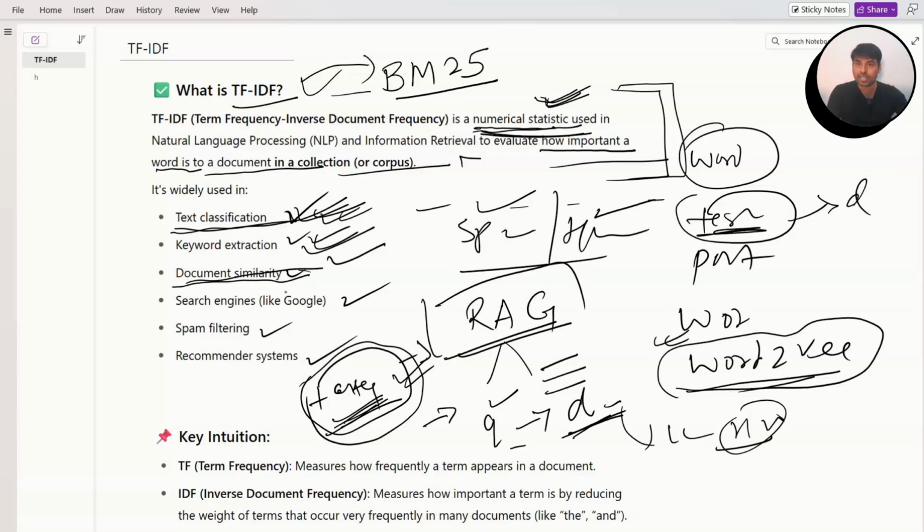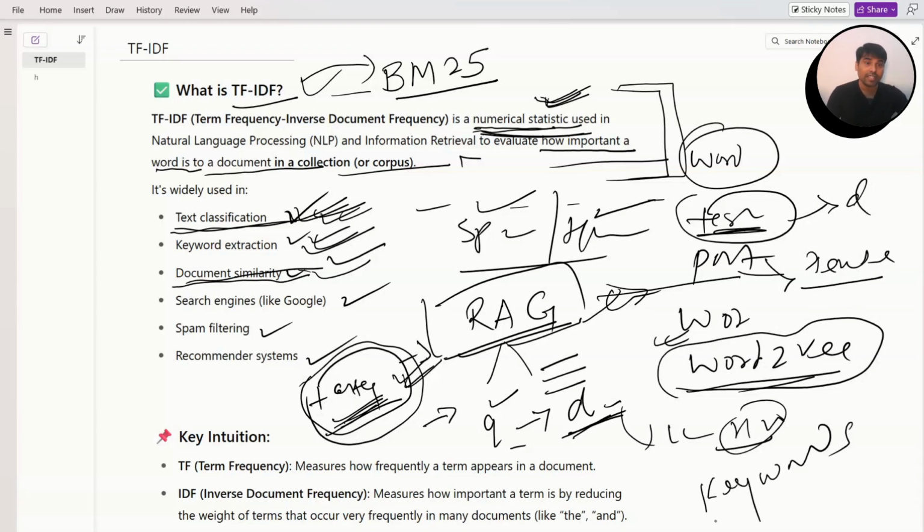In document search or document similarity search, or if you know the RAG application, with cosine similarity and those things, if you want to find the relevant document which contains that keyword, that is a keyword search. RAG has two types of search. One is called dense search, which is based on a vector database, and one is called keyword search.